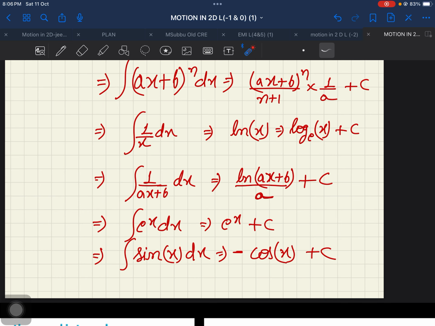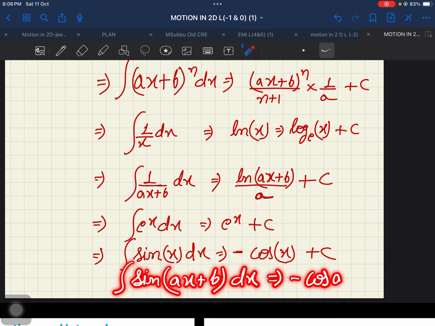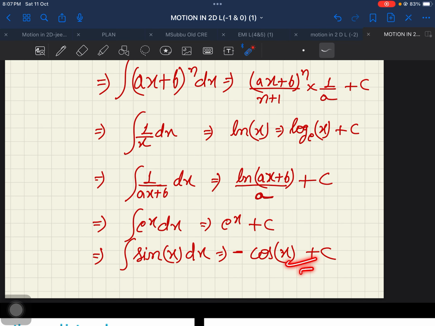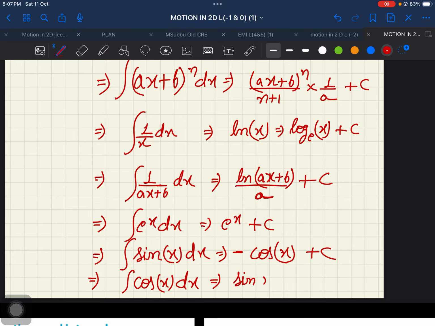If here we have sin(ax + b) dx integration, then it will be minus of cos(ax + b) divided by a, plus constant c, right? That's it. So now the integration of cos x dx is nothing but sin x, plus c. I hope this thing is very much clear.